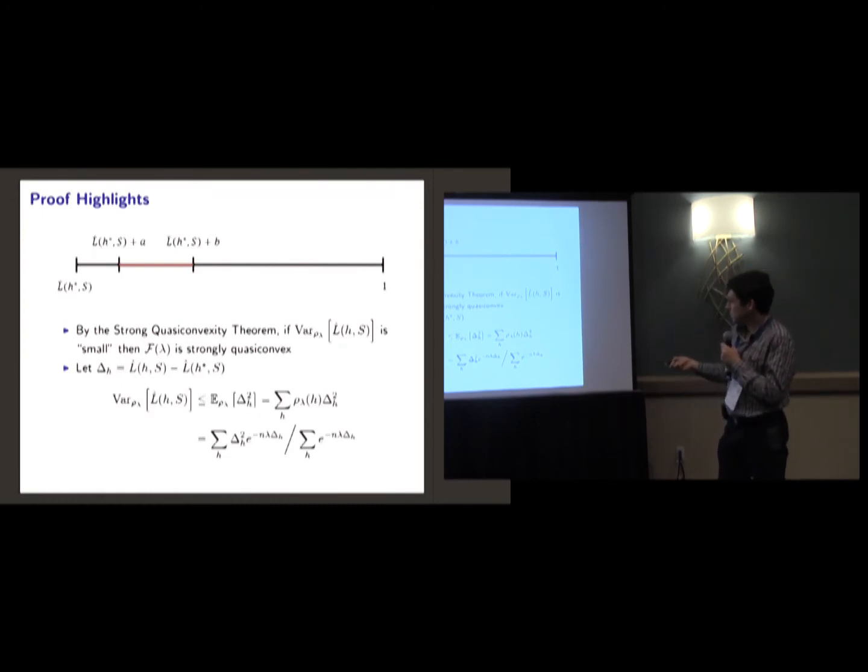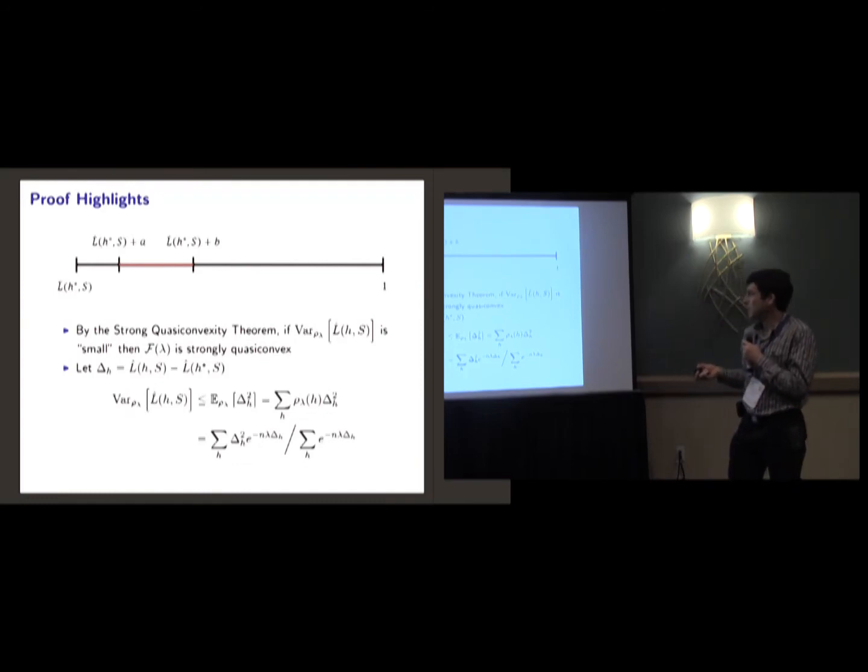The posterior distribution is a Gibbs distribution that depends on the suboptimality of the hypothesis. When we are close to the optimal hypothesis, the gap is small, so the contribution to the variance is small. When we are far from the best hypothesis, the exponent is small, so again the contribution to the variance is small. The critical contribution comes from this red segment where the gap is not too small and not too large. So we want the number of hypotheses in this red region to be relatively small.